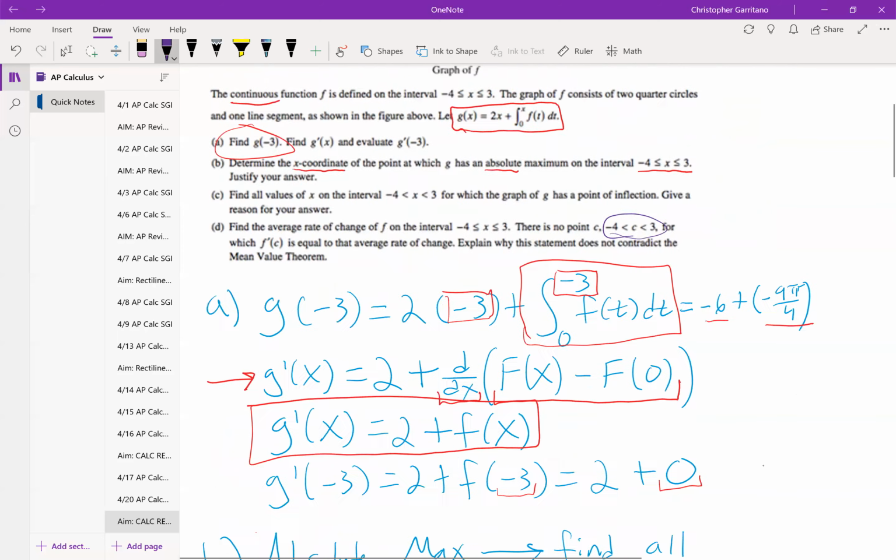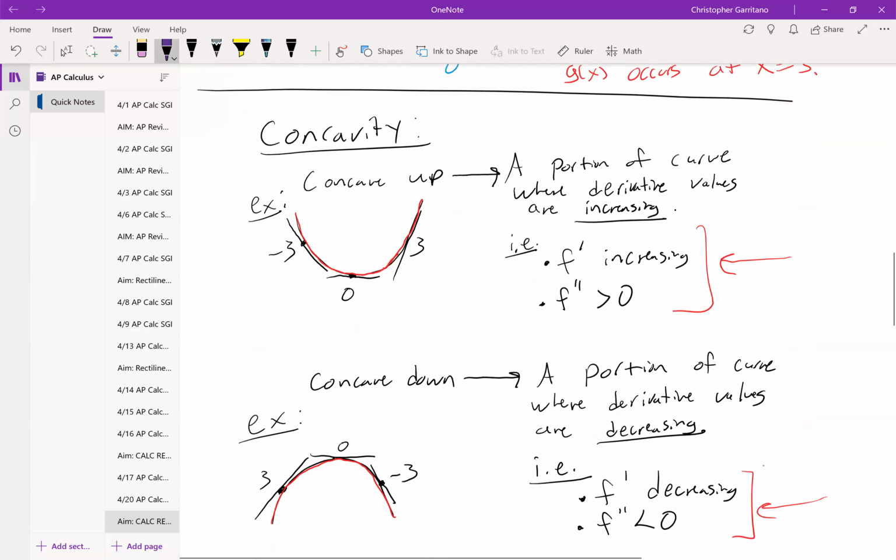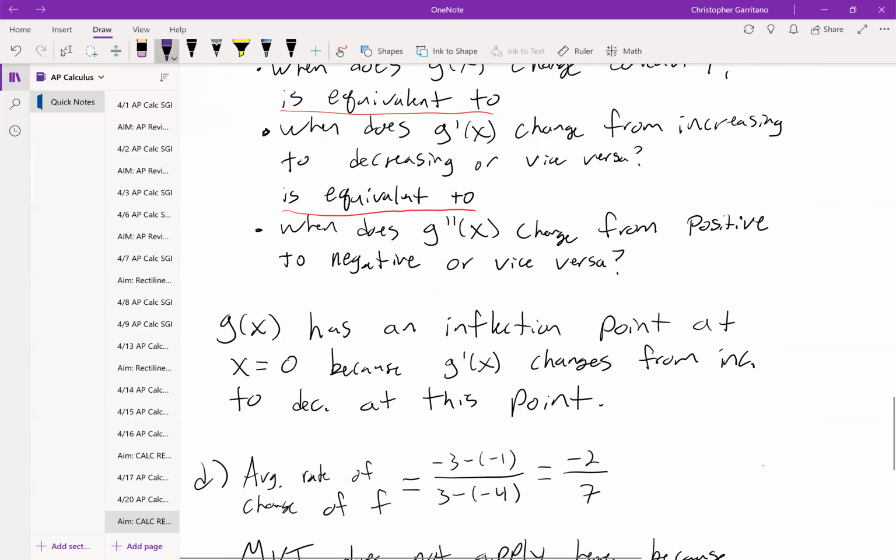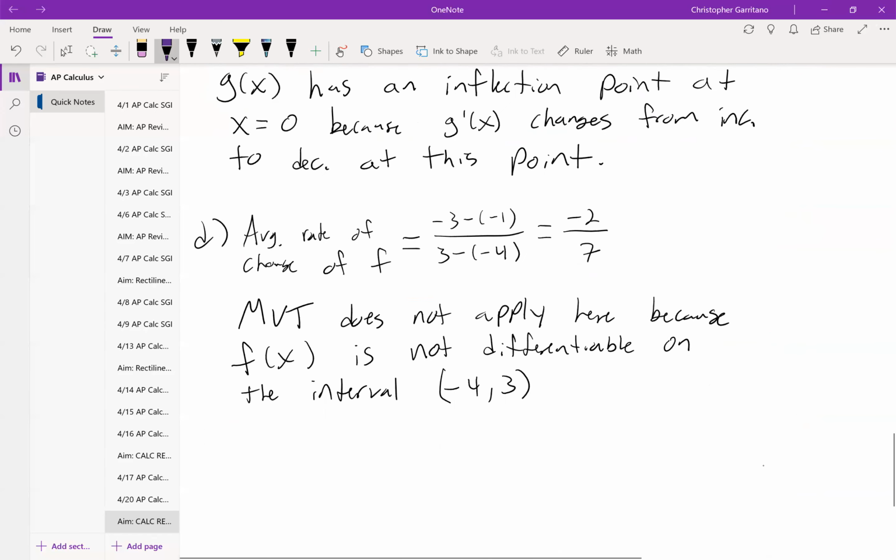And one of the requirements for the mean value theorem to work is that your function is differentiable on that interval. So we would say that the mean value theorem does not apply here because f of x is not differentiable on the interval. Actually, I should say it is not differentiable at x equals 0 on the interval from -4 to 3.